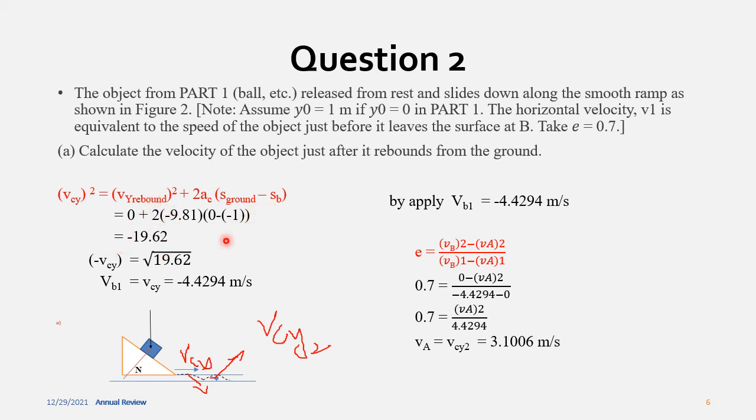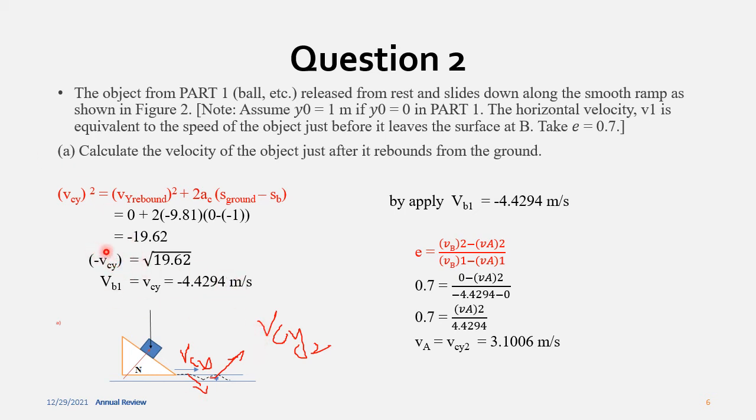VY rebound is 0 because it is from the initial, we assume as 0, plus 2 in bracket negative 9.81 is the deceleration, and s ground 0 minus sB is negative 1, because it is down from the origin.